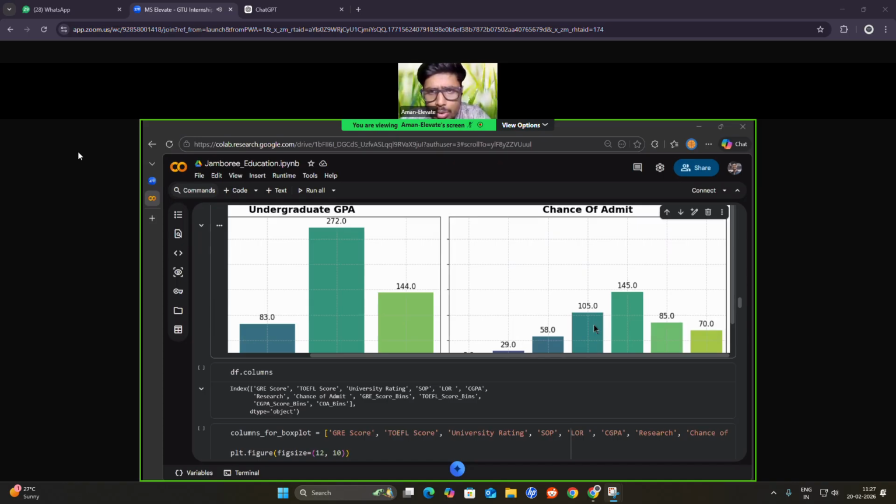Bin equals range, it's part of the data segmentation process for making data feasible for model training. But one question, sir, how is this range data used in ML? Okay, Raj.